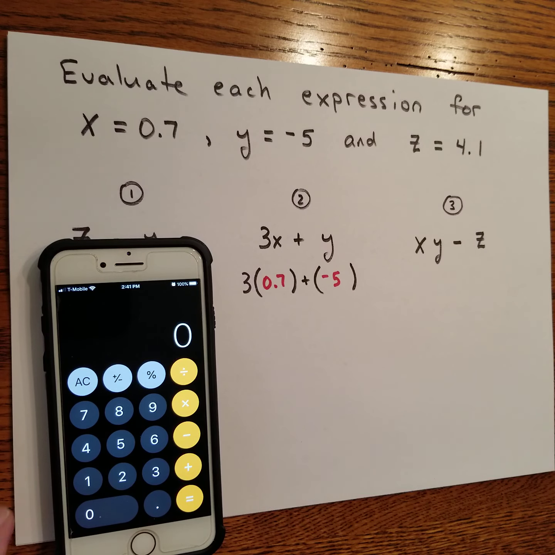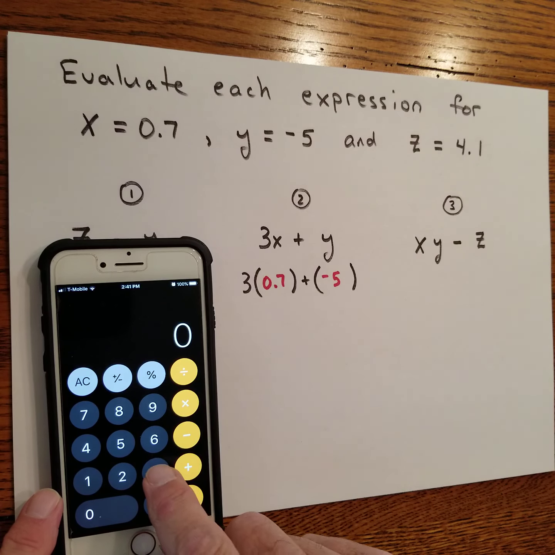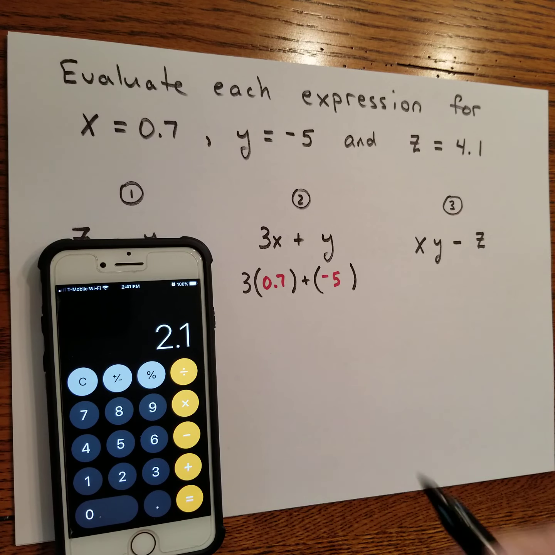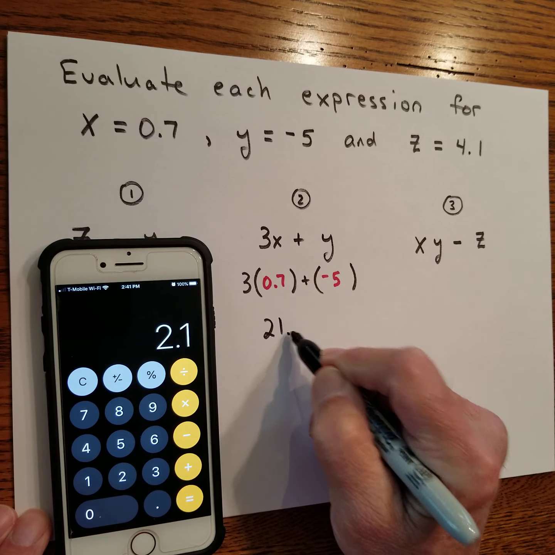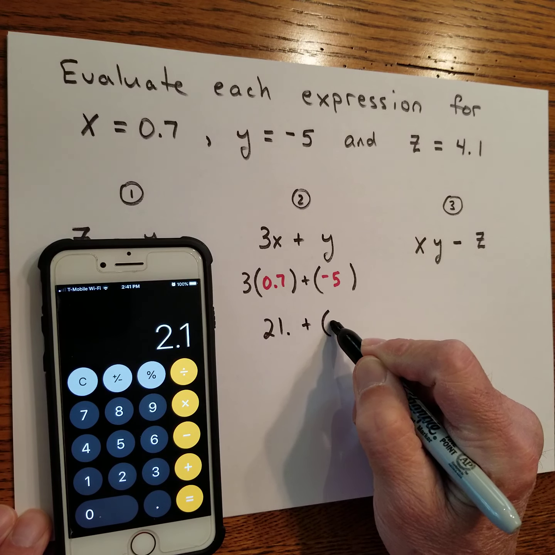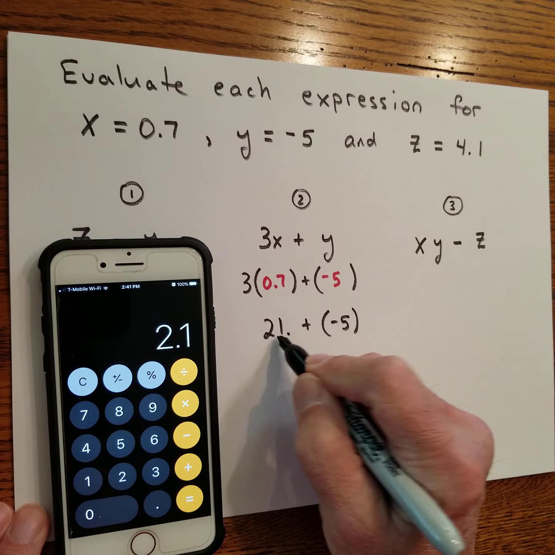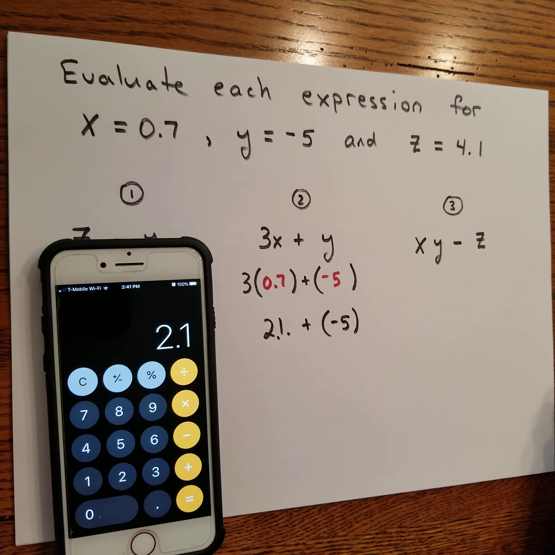I need 3 times 0.7. 3 times 0.7 is 2.1. And then I add that to -5. Whoops, 2.1. Whiteout, it's my best friend.